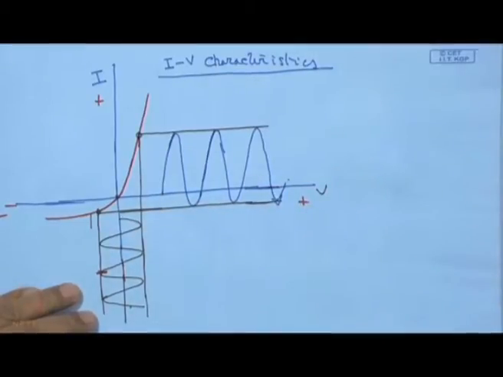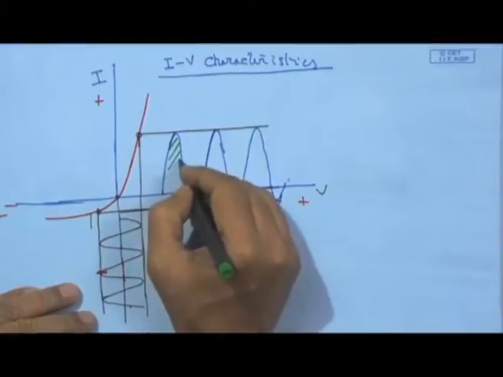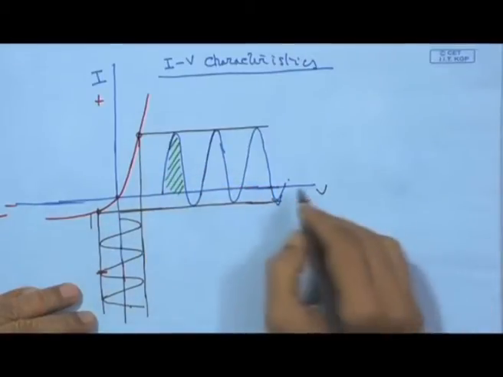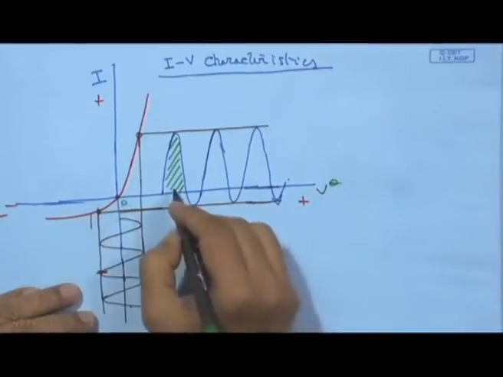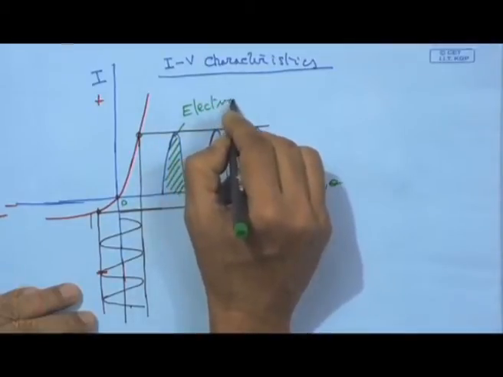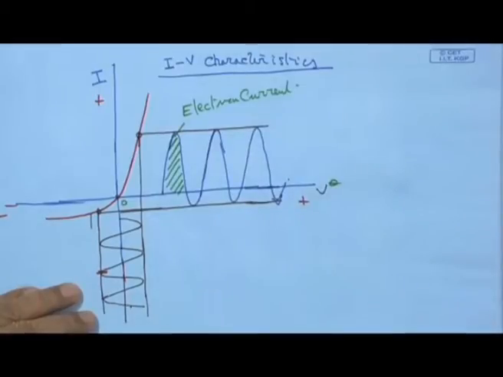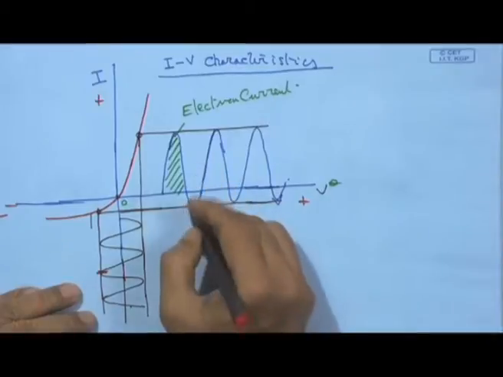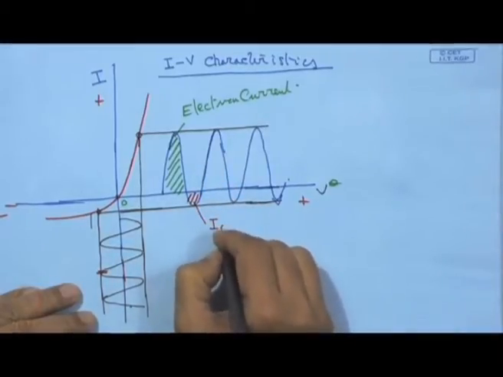Finally, what we find here is that this part of the cycle which is above this zero line, the baseline, is actually the electron current, and what is below the baseline we call ion current.